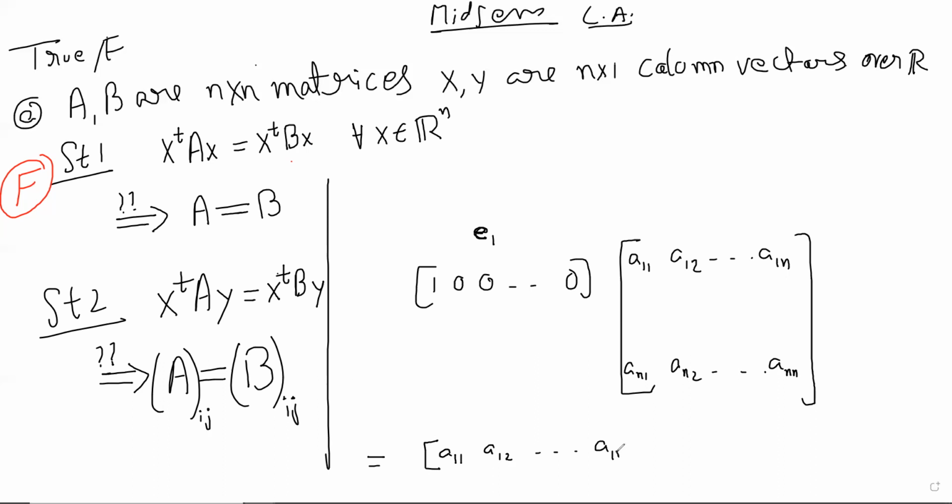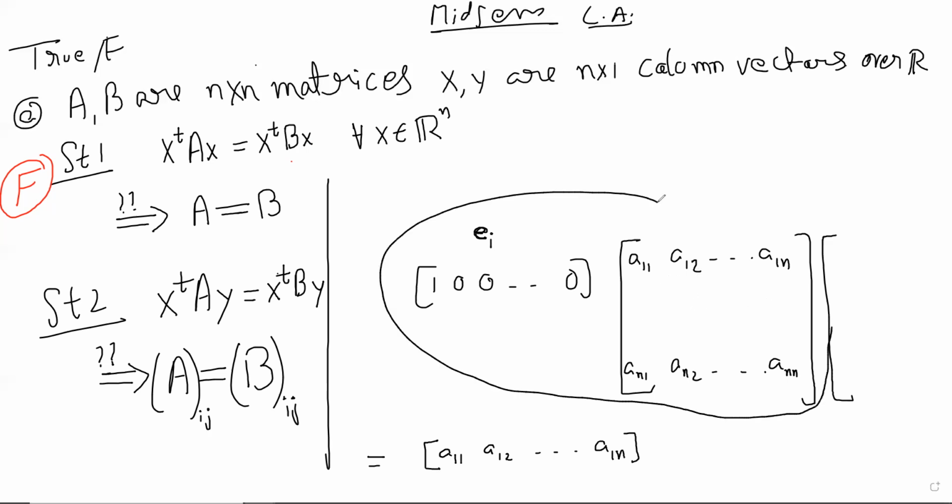Good. Now choose Y to be the column vector 1000. In general, if I want the ijth entry, I would want X transpose to be EI and Y to be EJ. Right. So when you take EI, the ith row is picked by this multiplication.